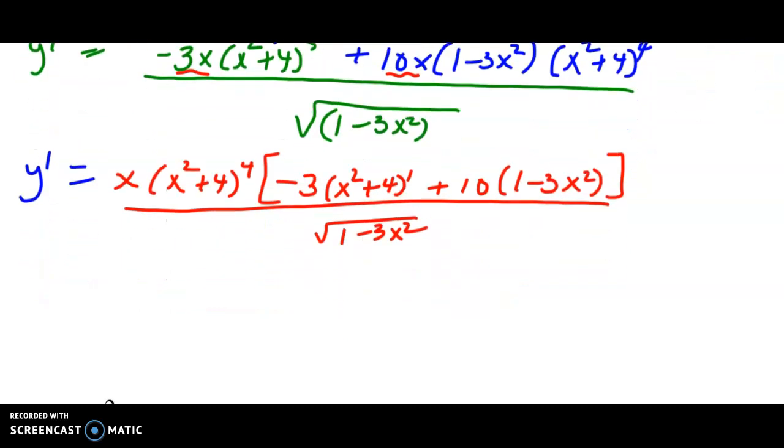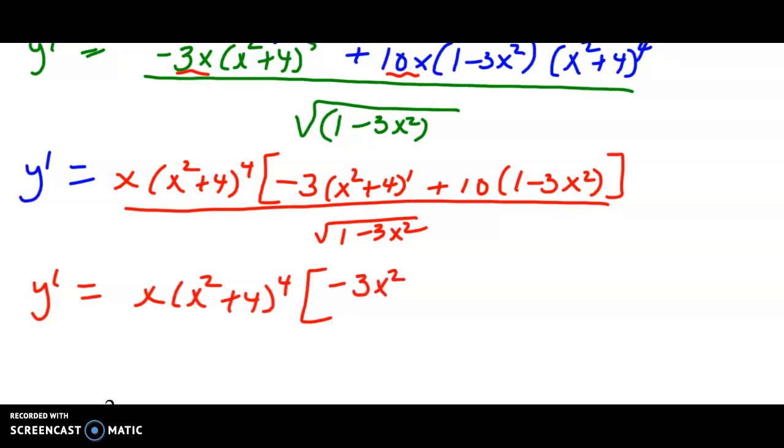And then, one more step here, I have an x squared plus 4 to the 4. And let's see if I can do some common terms. So I'd have negative 3x squared, negative 12 plus 10 minus 30x squared.